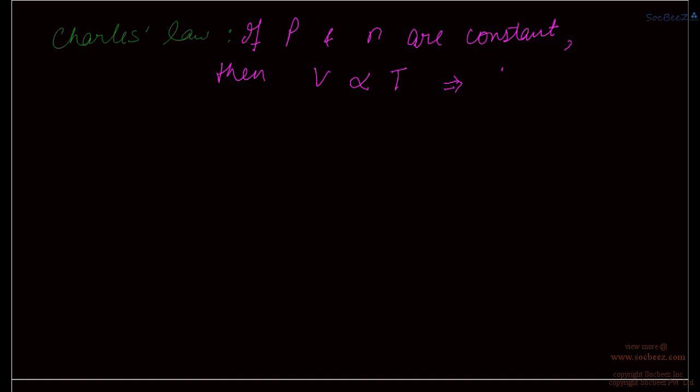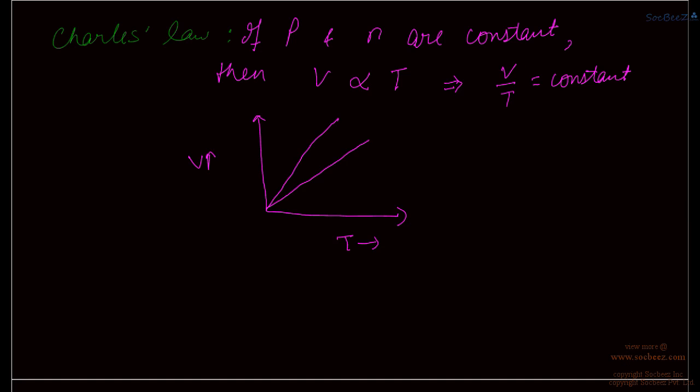Therefore, V upon T is constant. If we plot volume versus temperature, this is volume, this is temperature, then we will get a plot like this. If they are plotted at two different pressures, this is pressure P1, this is pressure P2, where P2 is greater than P1.